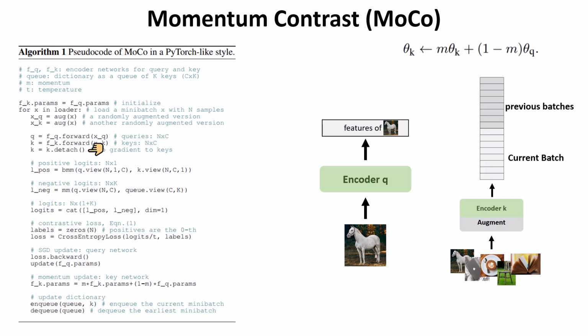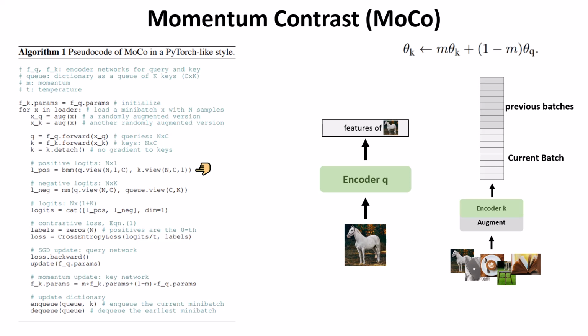Okay, then we apply batch matrix multiplication between query and key. So batch matrix multiplication basically says we have N samples of query and N samples of key. We can simply apply the dot product one by one, and since the first input of the query is the same image as the first input of the key but with different data augmentations, if we multiply them together, those should be considered as our positive samples.